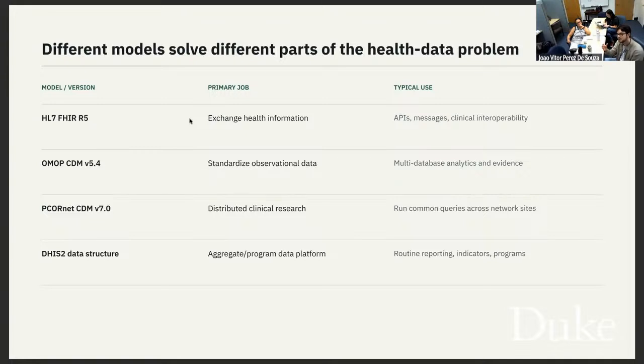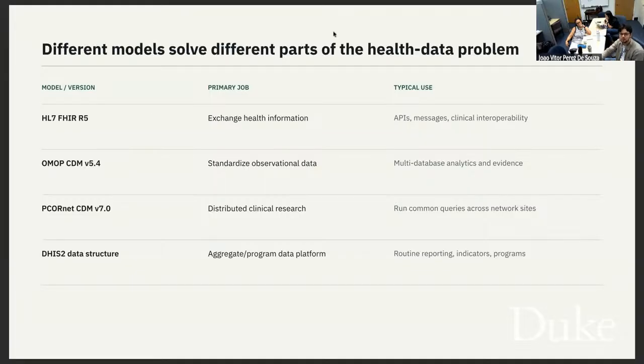It's really good because this organization allows you to have messages for clinicians, a patient-facing interface, and that kind of stuff. It's really good for clinical interoperability. It's good for collecting, organizing, and having an app that the clinician can interact with, but it is not really good for research.